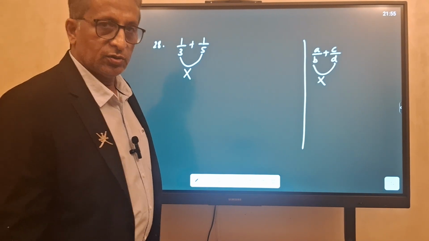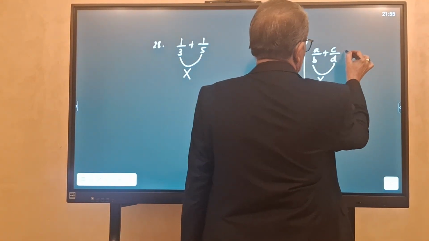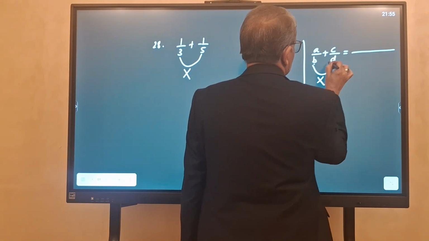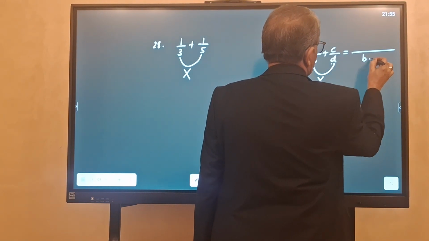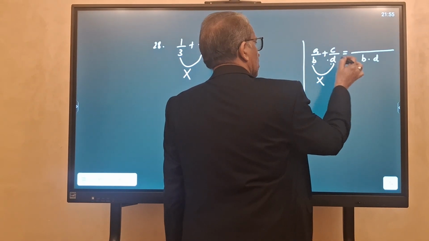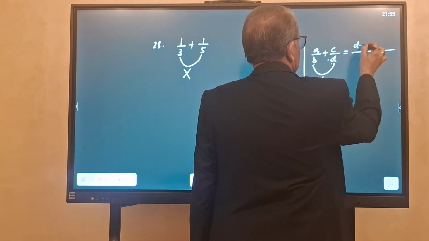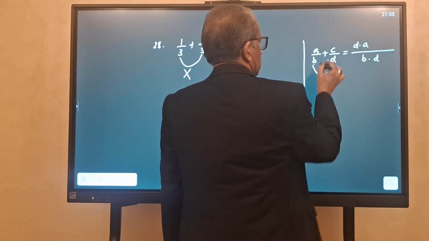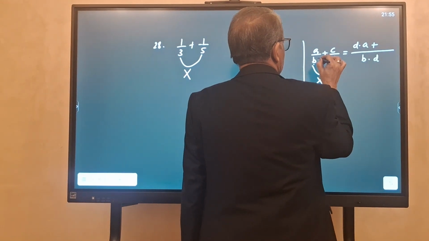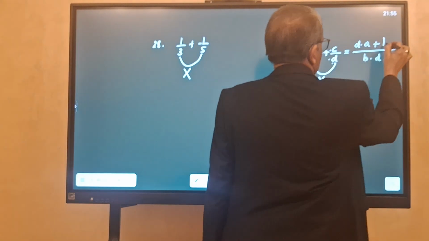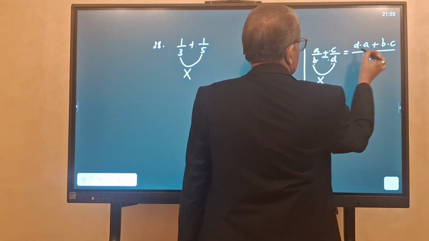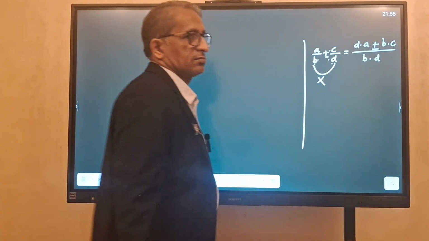And how do we add these two fractions when the denominators are not the same? Multiply down B and D. Write down. Multiply D and A, cross multiply, that is D dot A. The sign is positive, take positive. Multiply B and C, cross multiply. If it is minus, take minus.